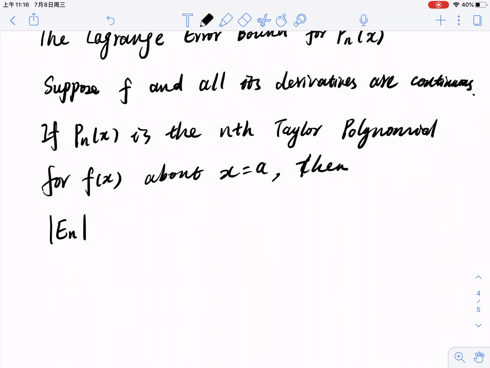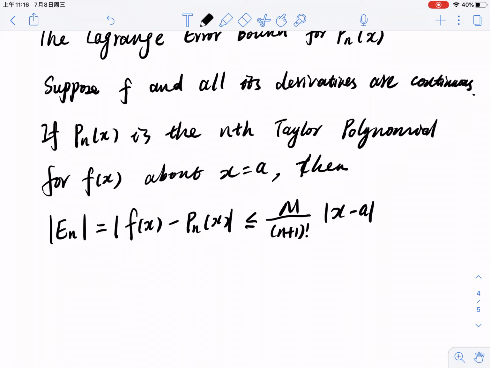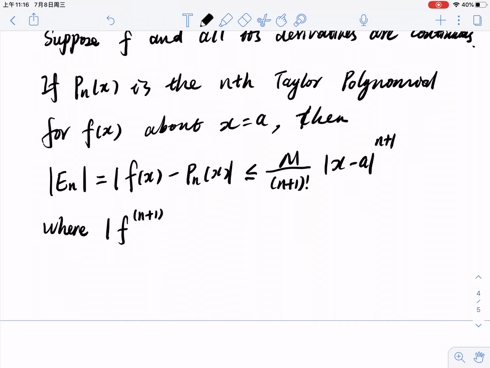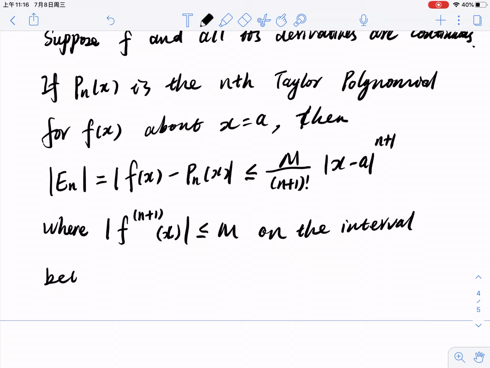the absolute value of E_n(x), which is the absolute value of f(x) minus P_n(x), is less than or equal to M over (n+1) factorial times the absolute value of x minus a, to the power n+1, where the absolute value of the (n+1)th derivative is less than or equal to M on the interval between a and x.